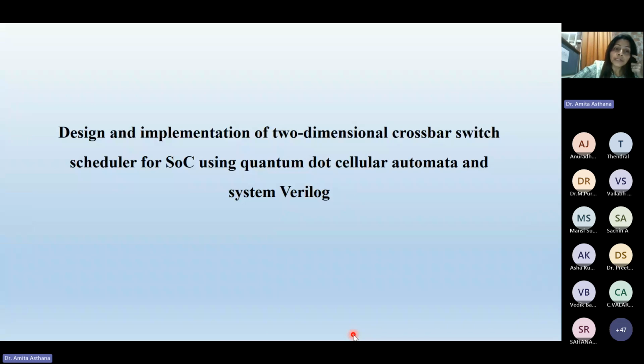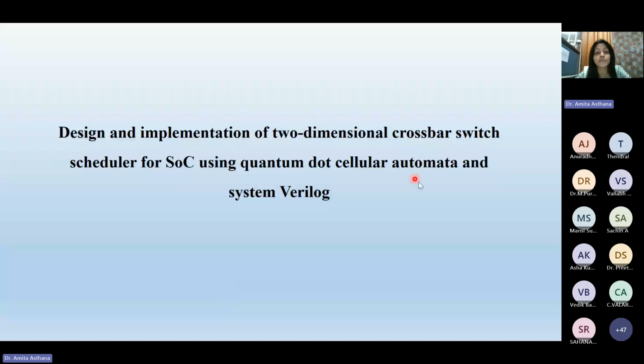Now coming to the crossbar switch scheduler. Earlier I was presenting the 2x2 switch architecture for designing the digital cross connect switch. Now I am discussing the crossbar scheduler for System Verilog, and I will compare System Verilog with quantum dot cellular automata.